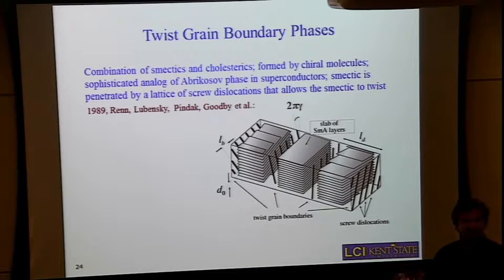So it's impossible. Twist and layering are typically incompatible. And so it was a great discovery made first theoretically by Lubensky and his student Renn, and then experimentally by Pindak, Goodby, and others, that you might have a compromise. It's the analog of the Abrikosov phase. Who knows about the Abrikosov phase? No one. Wonderful. So forget about the analogy. It's not the analog of anything that you don't know.